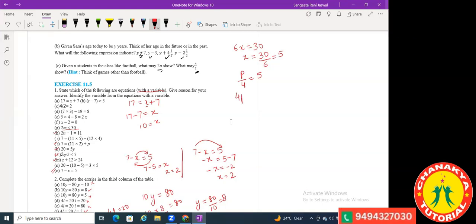Okay, now I'm asking 4p plus 7 equals 19. Find the value of p here.